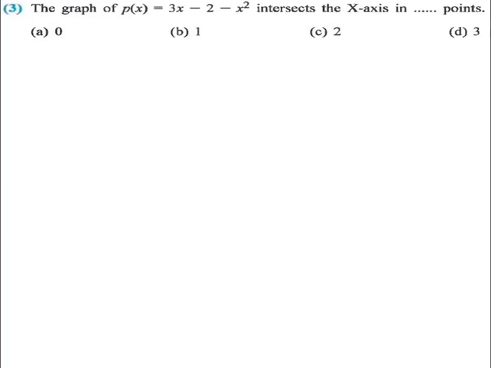The graph of p of x is equal to 3x minus 2 minus x square intersects the x-axis in blank points. This is a quadratic equation. The graph of a quadratic equation intersects the x-axis in at most 2 points.